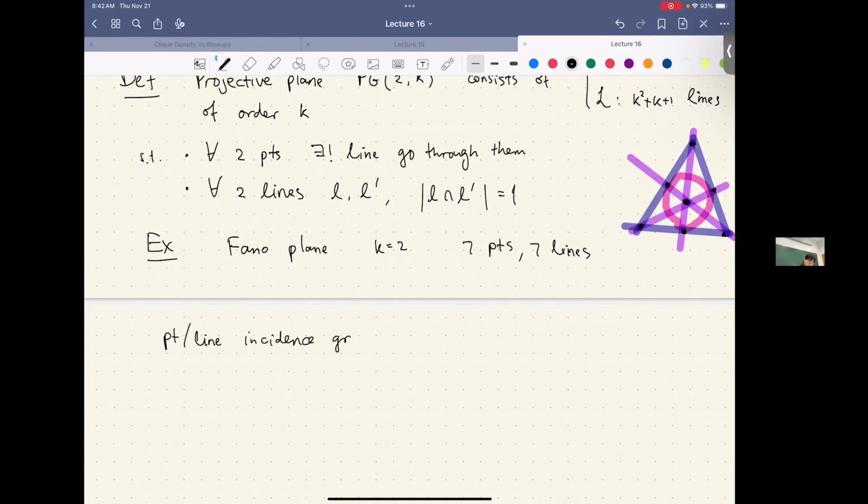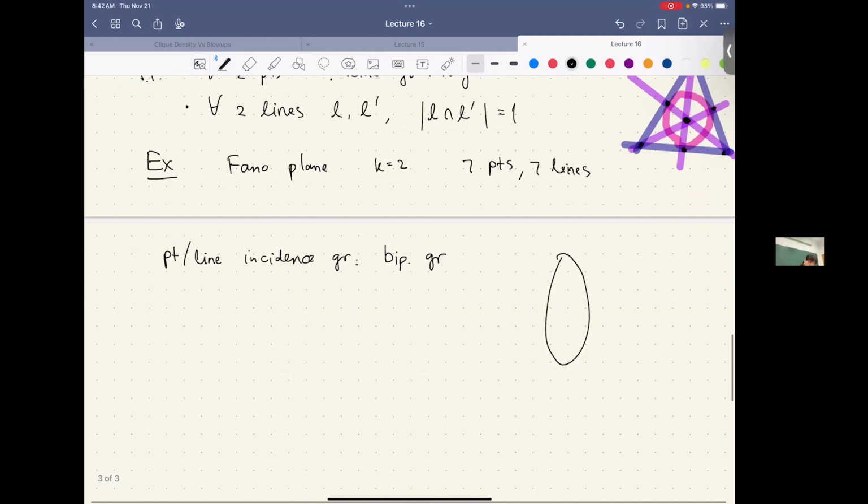This is simple. This is just a bipartite graph where one partite set is the point set P, and the other partite set is the line set L. So you have, in particular, k squared plus k plus 1 vertices here and k squared plus k plus 1 vertices here on the right.